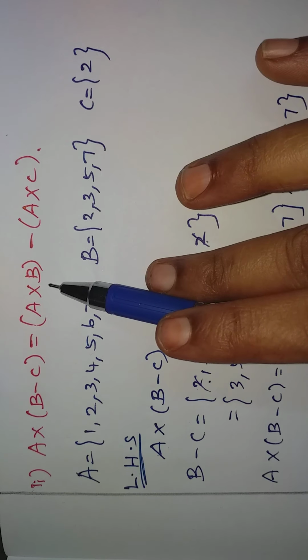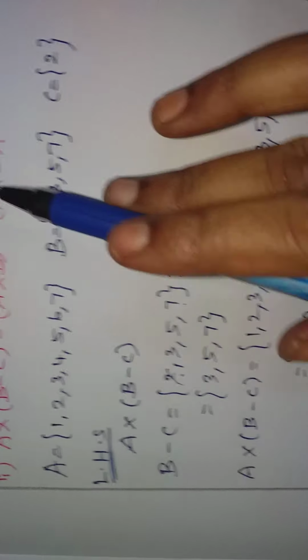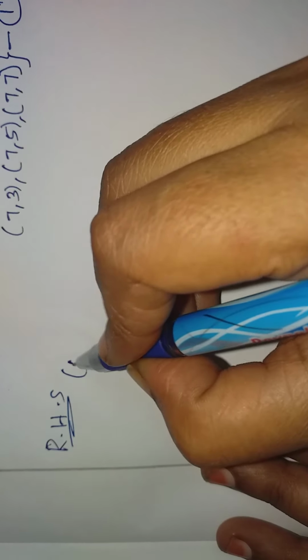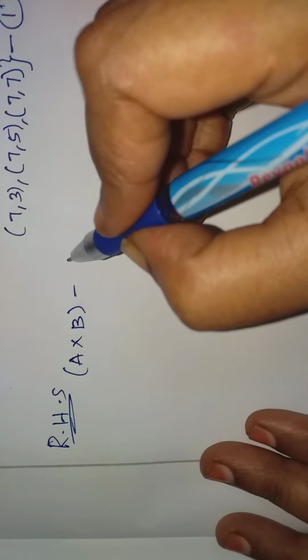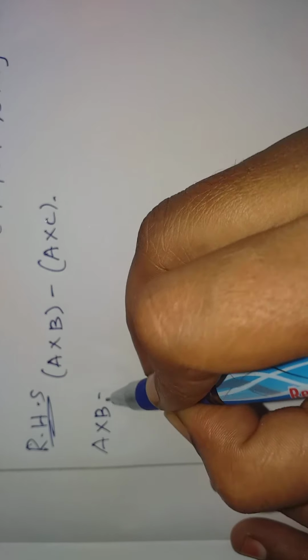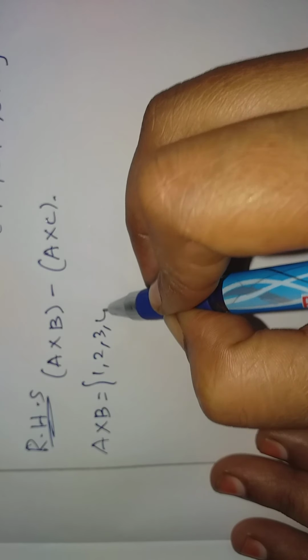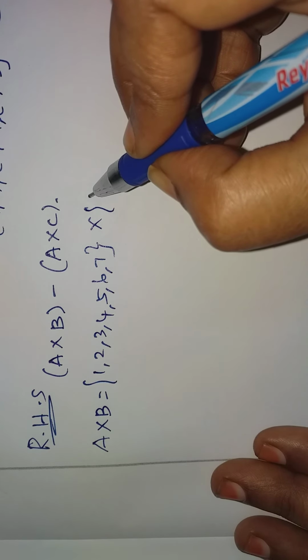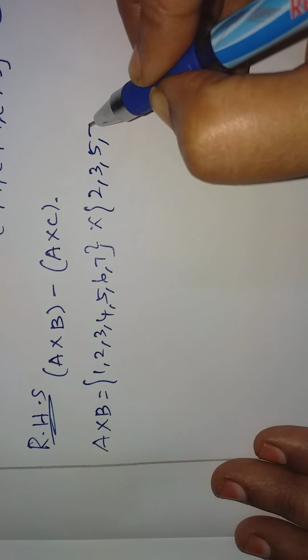Next, coming to our right hand side: A cross B difference A cross C. First A cross B. A set 1, 2, 3, 4, 5, 6, 7, cross B set you have 2, 3, 5, 7.